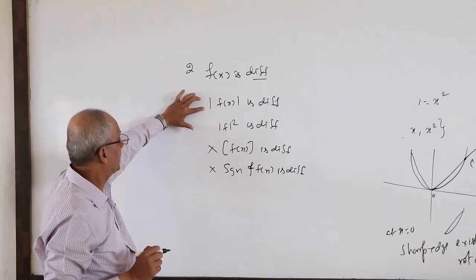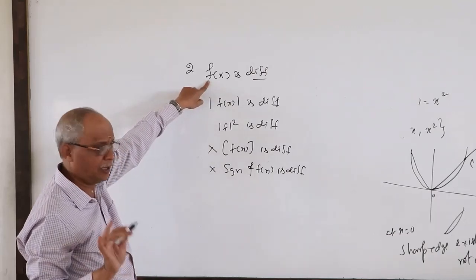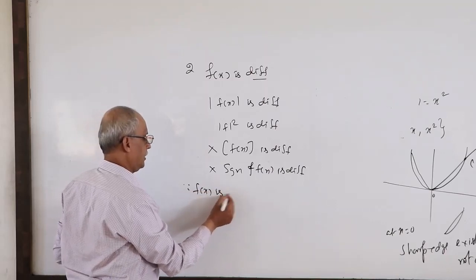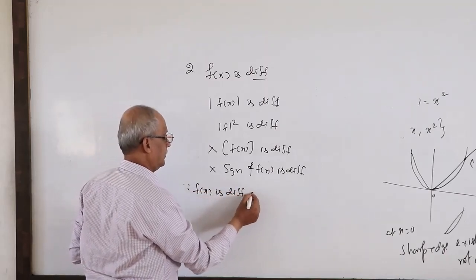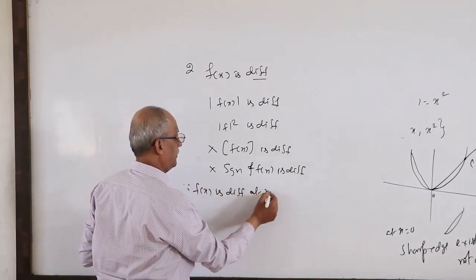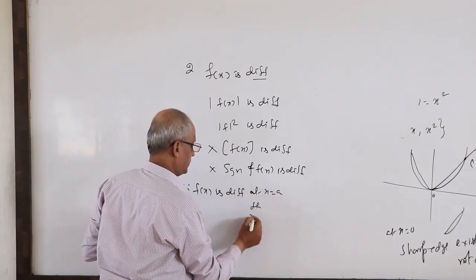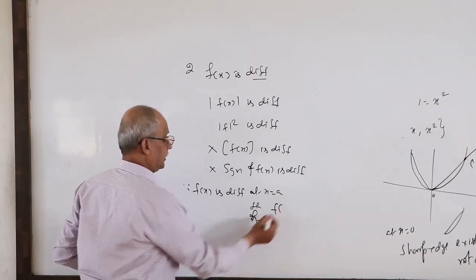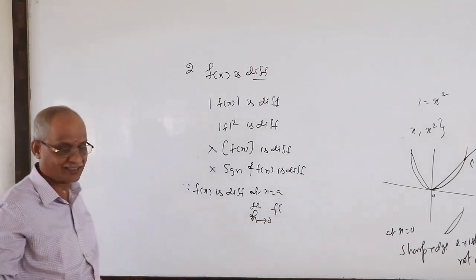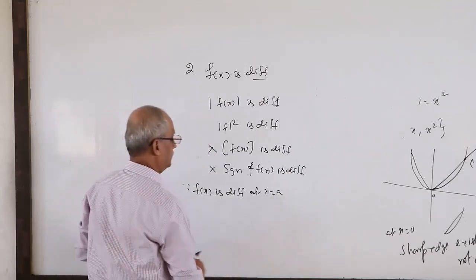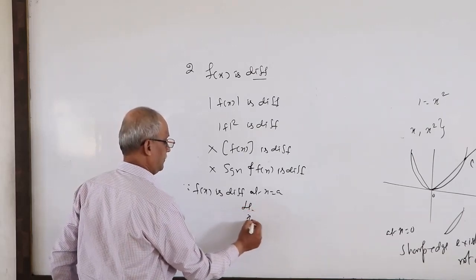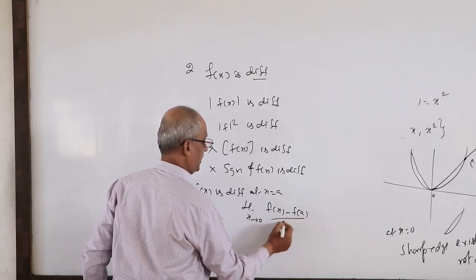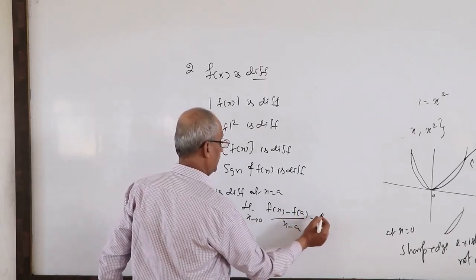Now, they gave that f of x is differentiable. Since f of x is differentiable, assume that at any point a, limit h tends to 0, or x tends to a, generally I will write, f of x minus f of a by x minus a equals f dash a.